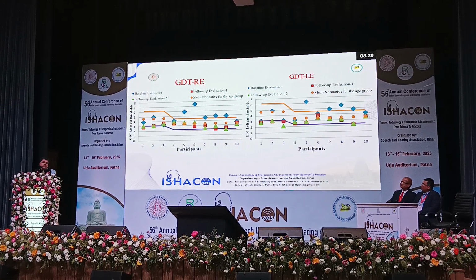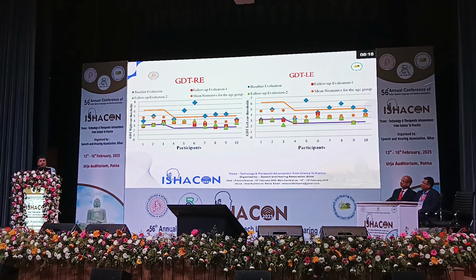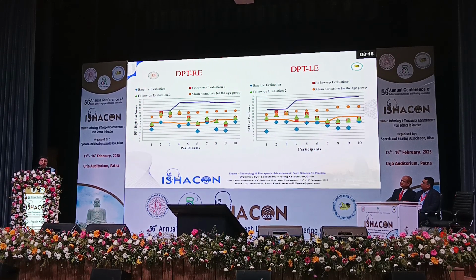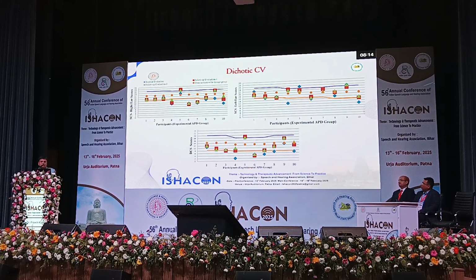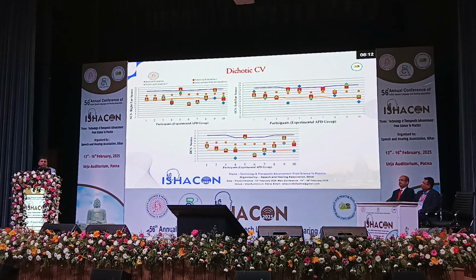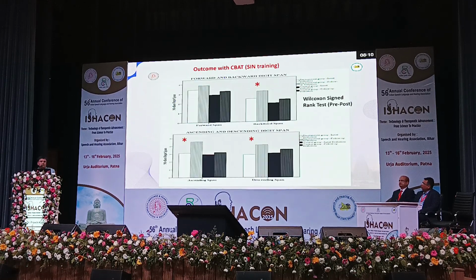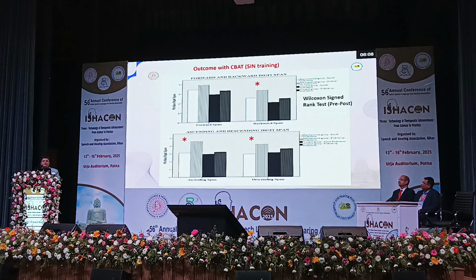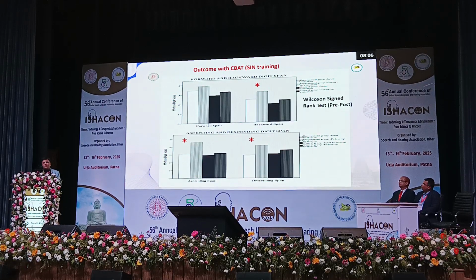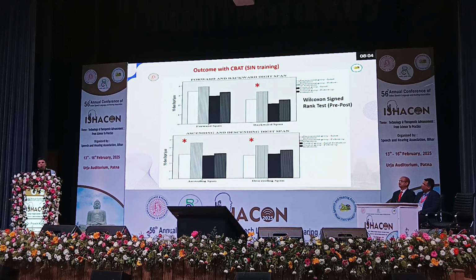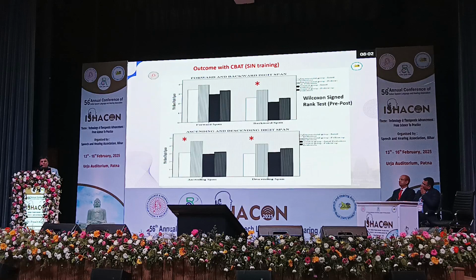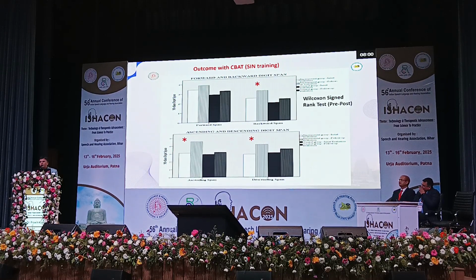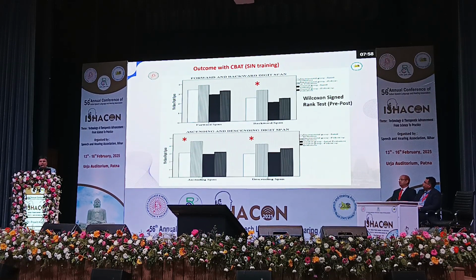We could see the same thing even for gap detection as well as for duration pattern. And for dichotic CV, as I said, we did not notice great differences. When we look at the cognitive domain, except for the forward span, for the backward and ascending and descending there was some significant improvement after training.